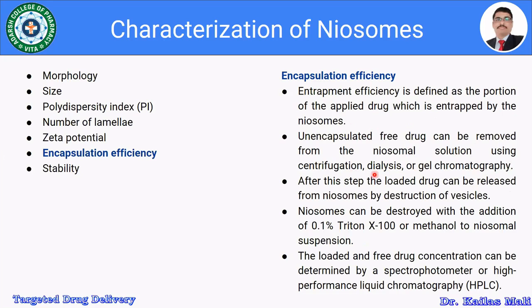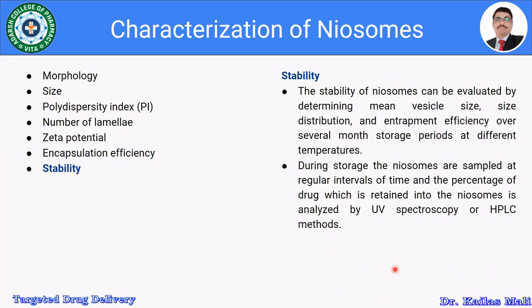After this step, the loaded drug can be released from the Niosome by destruction of the vesicles. The Niosomes can be destroyed with the addition of 0.1% Triton X-100 or methanol to the Niosomal suspension. The loaded and free drug concentration can be determined by spectrophotometer or high performance liquid chromatography. So this is about the encapsulation efficiency.